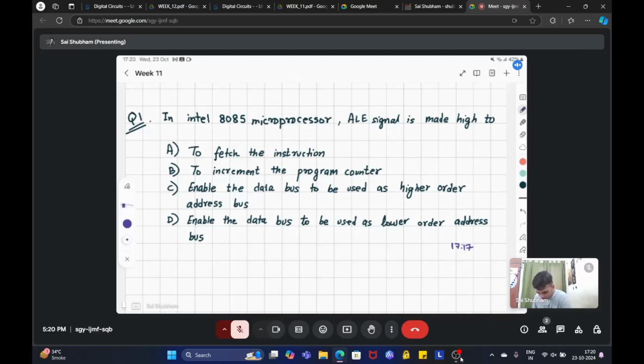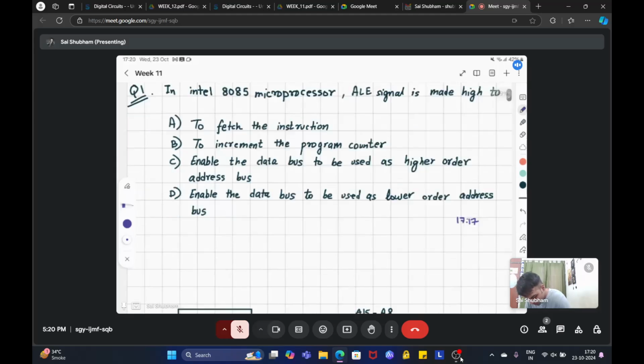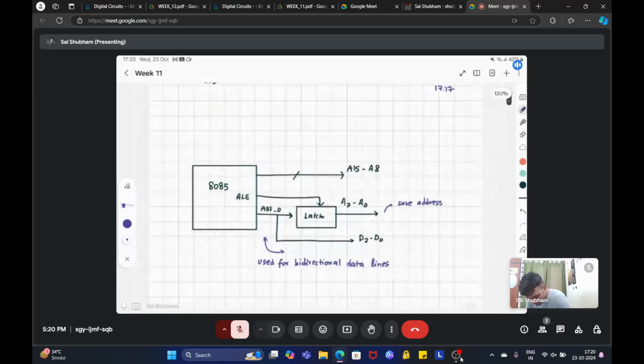So let's solve this question. ALE signal. This is your 8085 microprocessor, and here you have the ALE signal. This signal goes into a latch. Here you have a 16-bit address, and the bus that you see is used for bidirectional data lines.